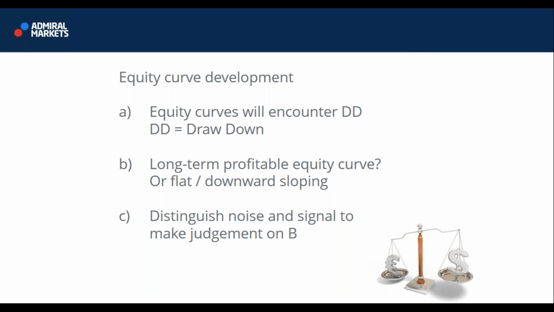There are going to be losses, series of losses occasionally. That is to be expected when we trade long term. We could have win streaks that last for a short while, but in the long run, we're going to have drawdowns. So it's important to understand more about this drawdown and whether we have a profitable equity curve expectation.